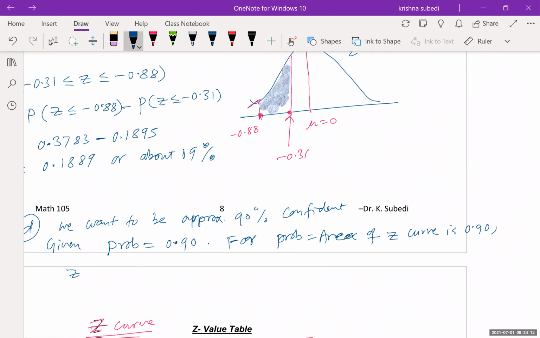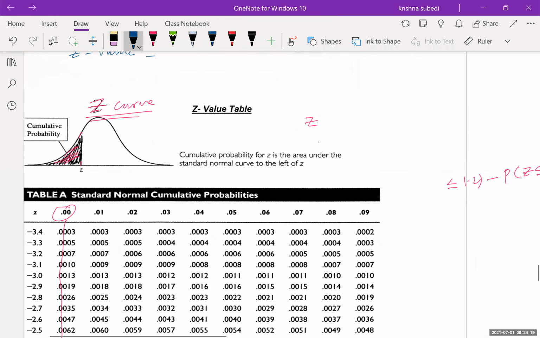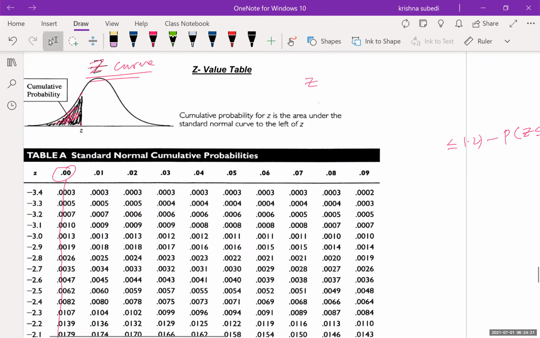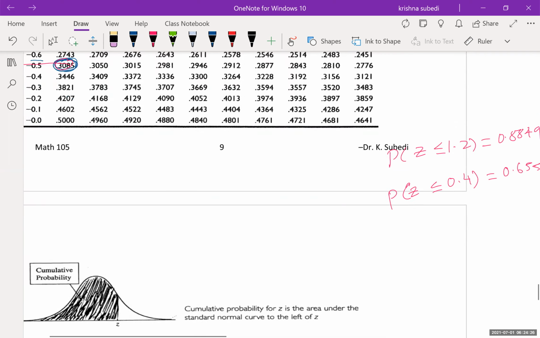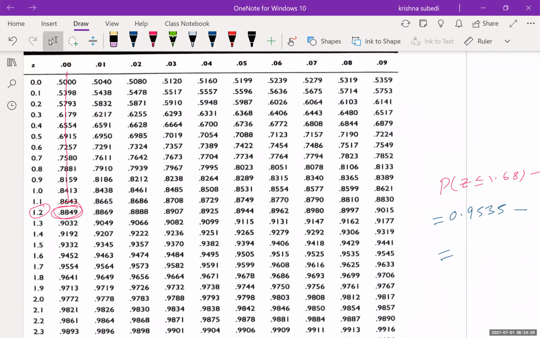Let us calculate what the Z value is. So let's go all the way down to the table. We are looking for approximately 0.90. Look at the table: 0.8962, 0.8988, 0.8997, 0.90.